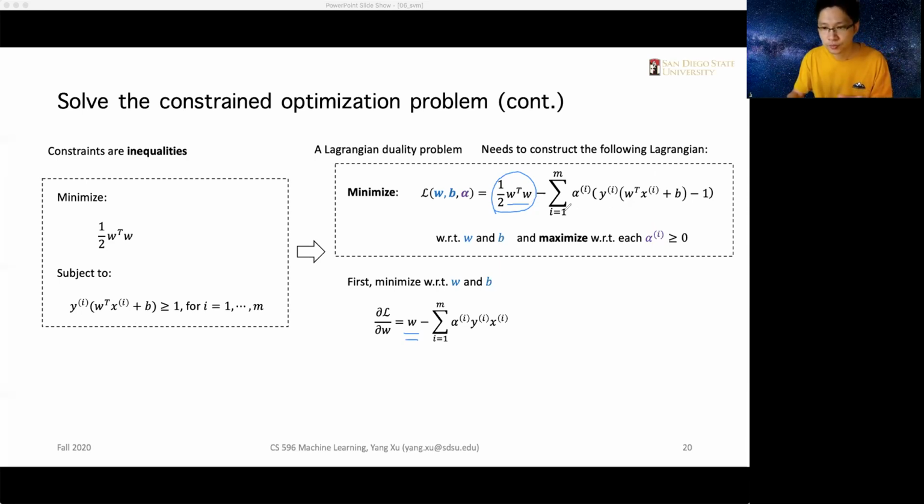Professor, I have a question. For minimizing the Lagrangian, why is there a minus sign before the summation? It's a little bit difficult to understand, because the constraint says the following expression is greater than or equal to one.